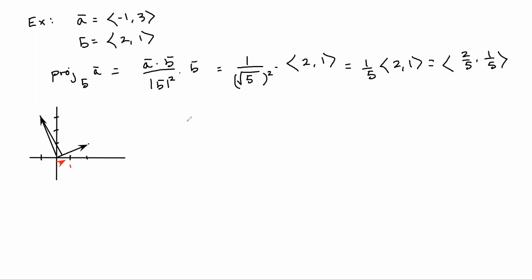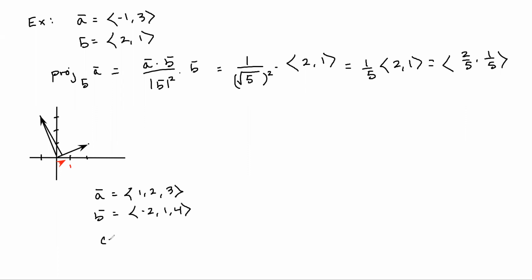Okay. Anyway, so that's how you calculate the projection, and all of this can be extended to 3 dimensions, so let's calculate one in 3 dimensions. Let's say A equals 1, 2, 3, and B equals -2, 1, 4.